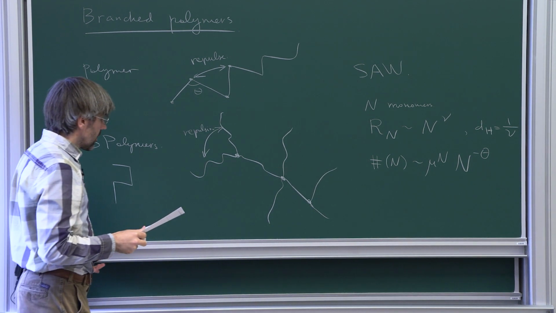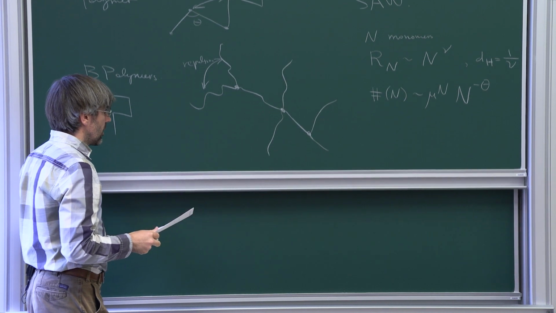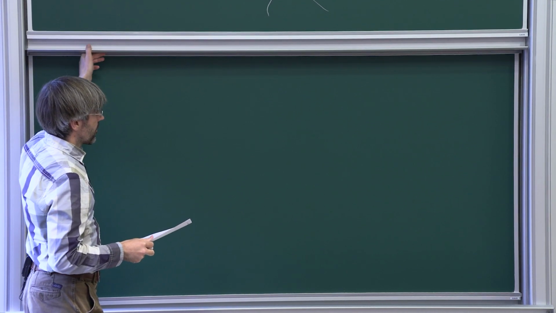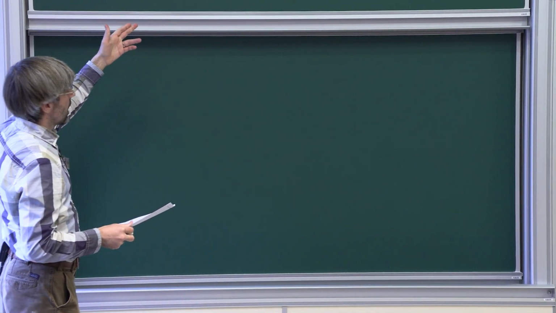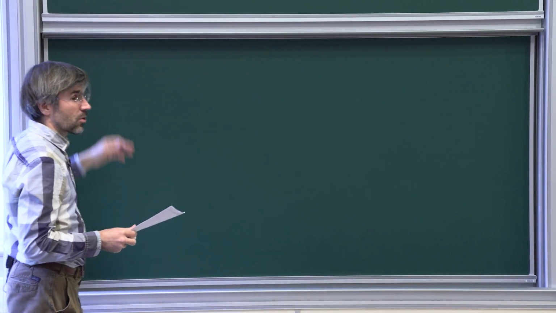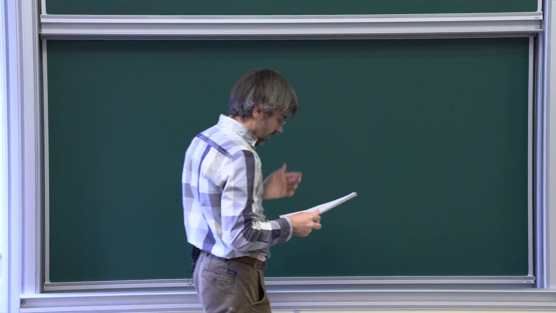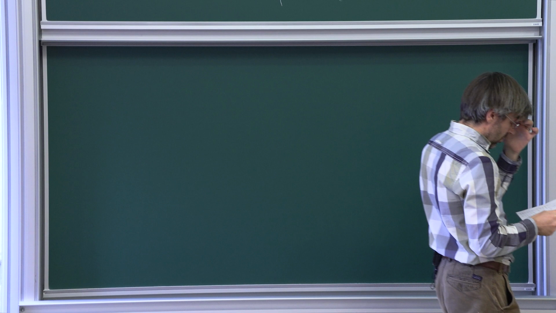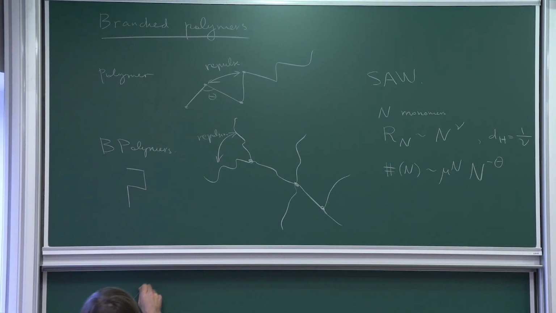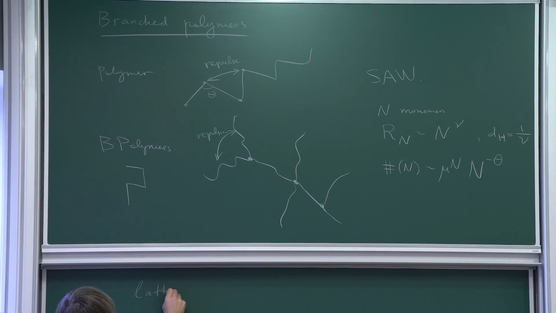And it turns out that you can study the statistics of these polymers, for example, on the lattice, you can simulate them, and on the lattice, these things are sometimes called lattice animals.